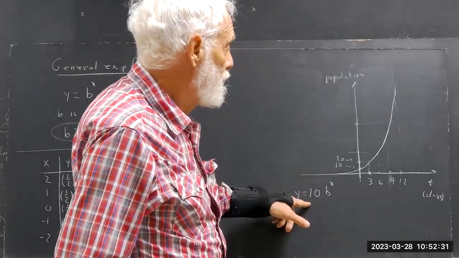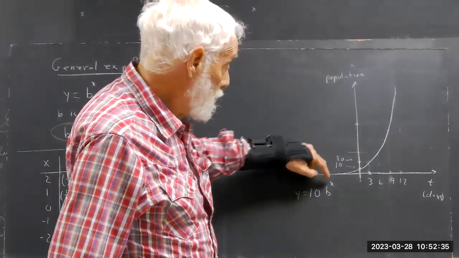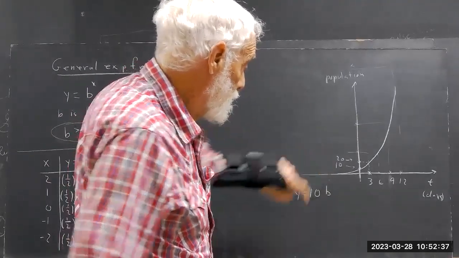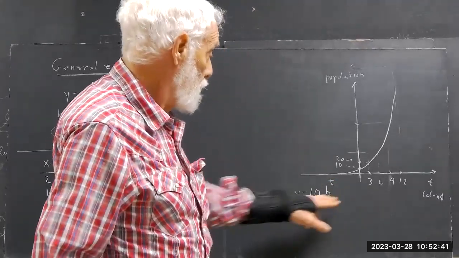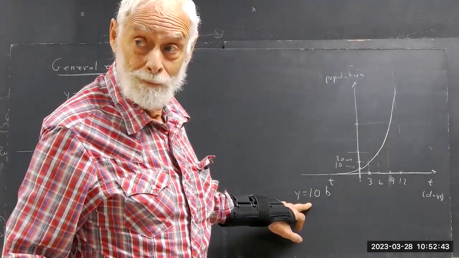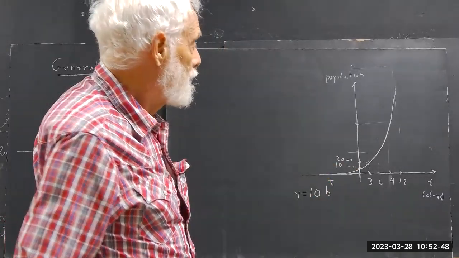N is 10, because when t equals 0, you've got 10. If t is 0, b to the 0 is 1, so you're going to get 10, right? You've got 10 going through.